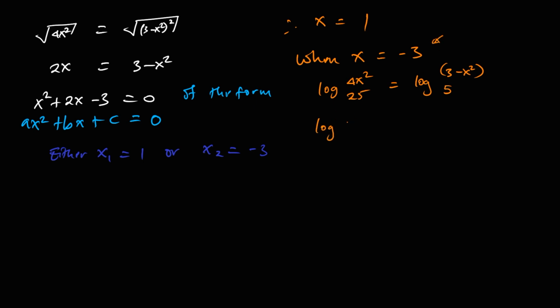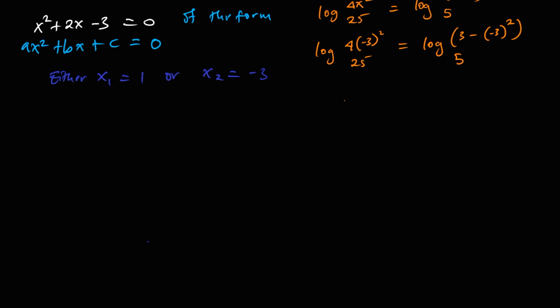This will become log of 4 into (-3) squared to base 25, and this should equal log of 3 minus (-3) squared base 5. (-3) squared is the same as 9, and 9 times 4, that's 36. So we have log of 36 to base 25, and this should equal log of 3 minus 9, that's -6, to base 5.